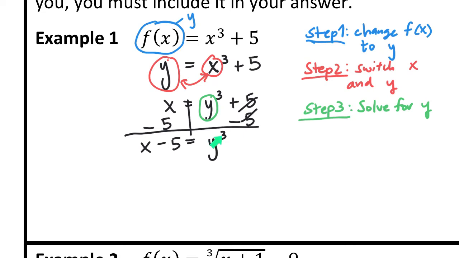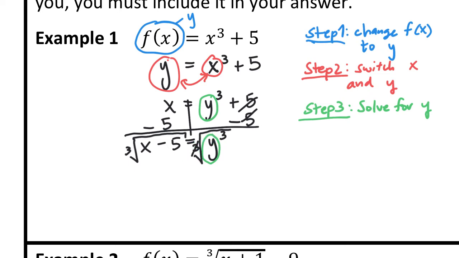I need to get rid of the third power. So I'm still solving for y, I need to get y by itself, but I need to get rid of the third power. So what's the opposite of raising something to the third power? It's doing the cube root. Whenever you have something that's to the third power and you want to cancel it, you can do the cube root.